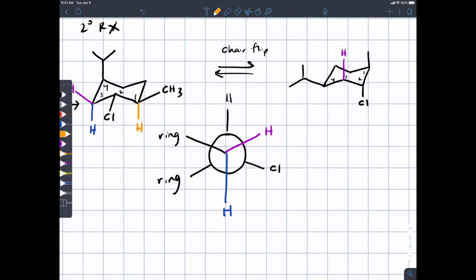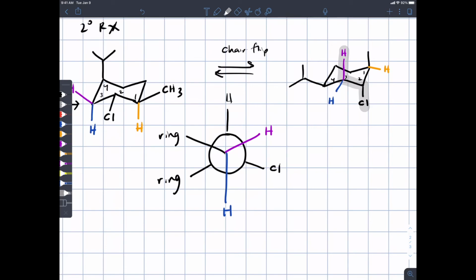The orange beta proton still can't get anti to the leaving group. The blue beta proton still can't, but the purple one is now anti-periplanar with the leaving group, and you are set for E2.